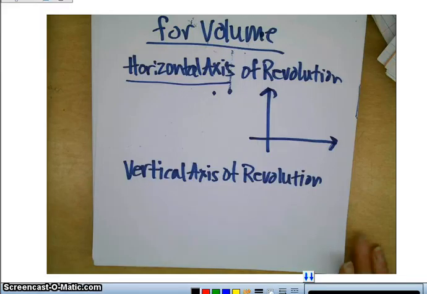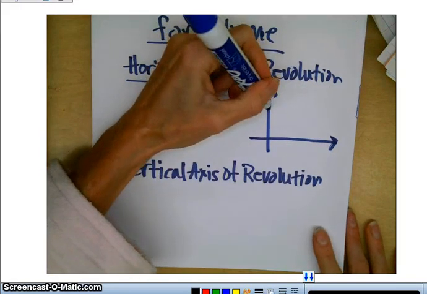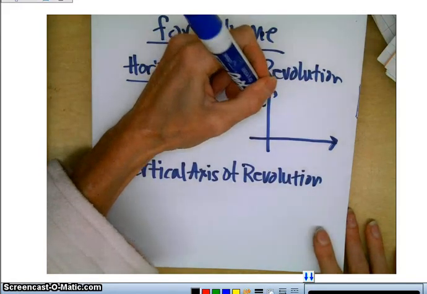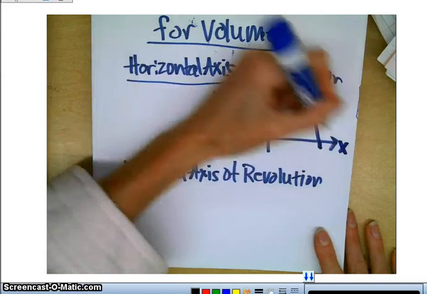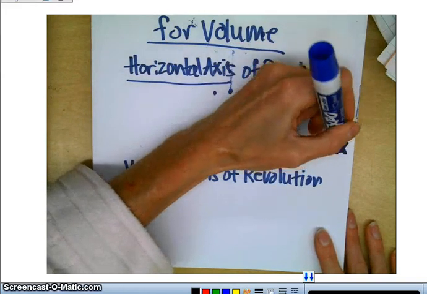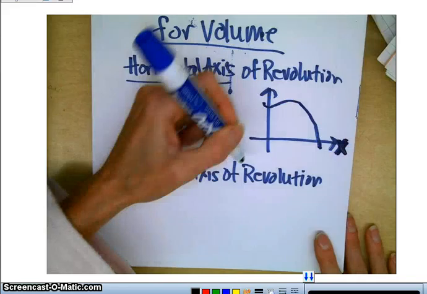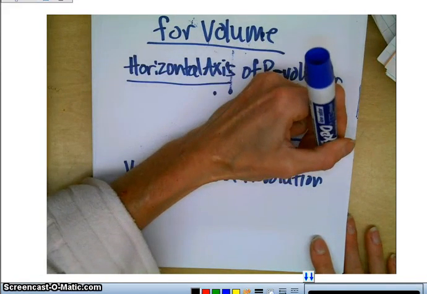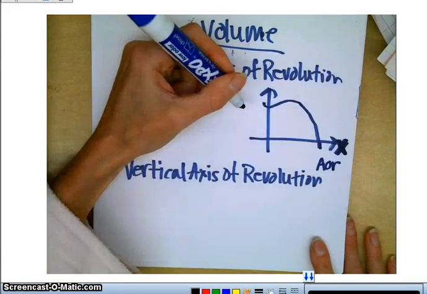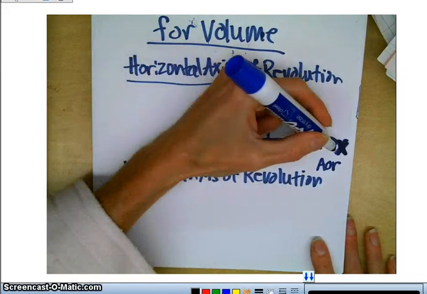So in a horizontal axis of revolution, what we have is some shape here. And this is our x-axis, where this is the axis of rotation right here, AOR. Axis of rotation is the x-axis, it's horizontal.